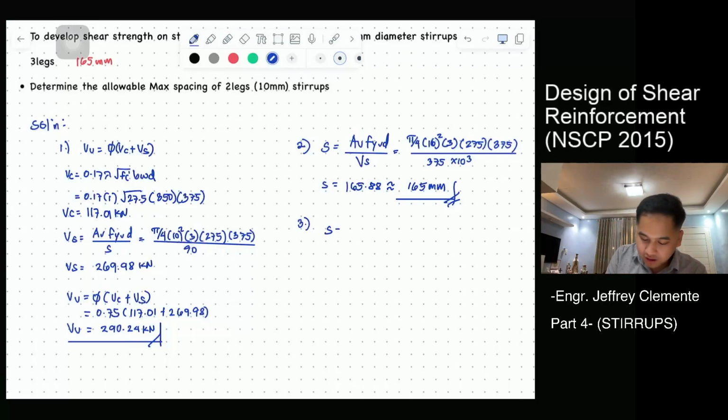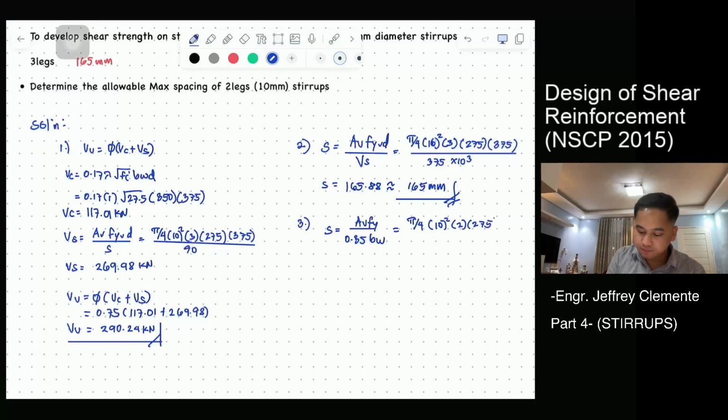So, ang s natin ngayon, gamit ang maximum spacing, actually dalawa yun, yung 0.35 saka 0.062. But since our fc prime is less than 31.87, ang gamitin na lang natin is yung Av fy over 0.35 bw. Galing yan sa minimum area. So, solving for this, pi over 4 times 10 squared times legs. Ilan ang legs? Dalawa lang.